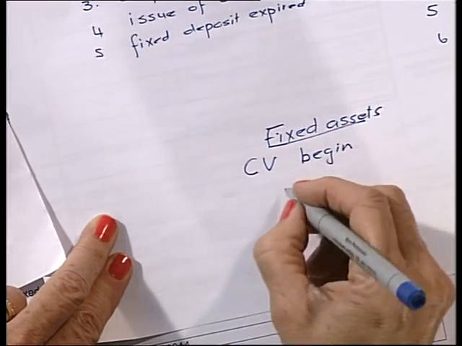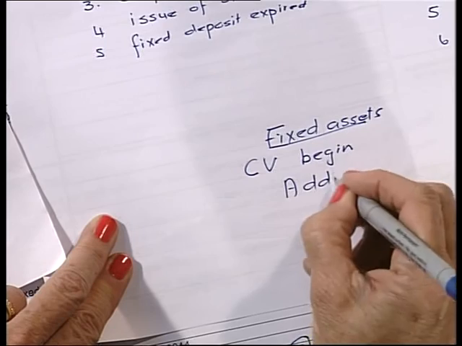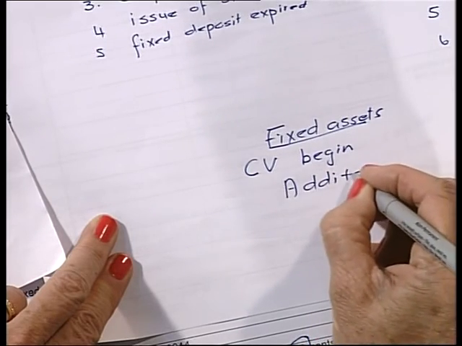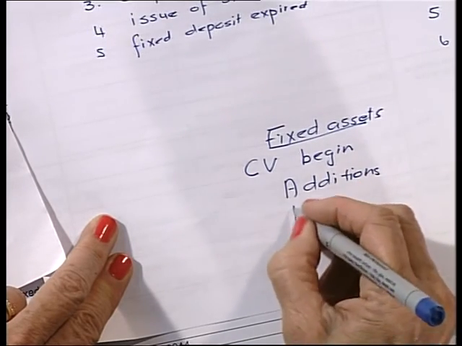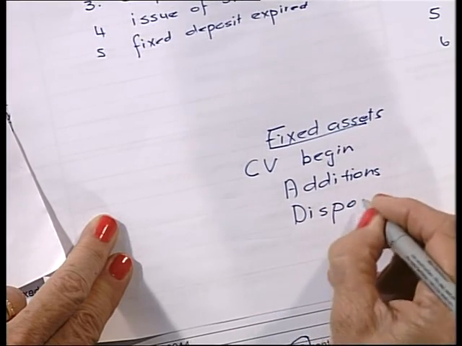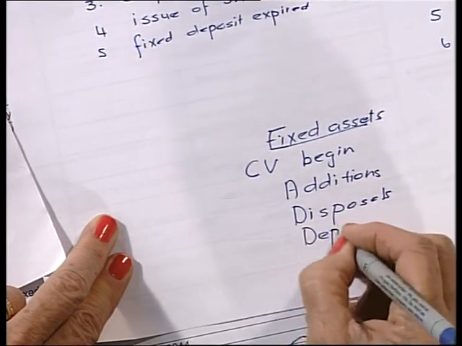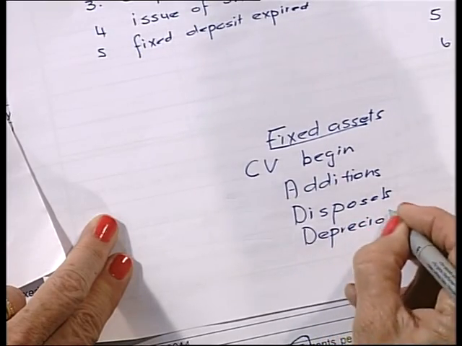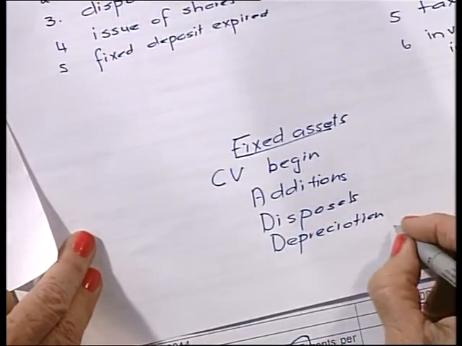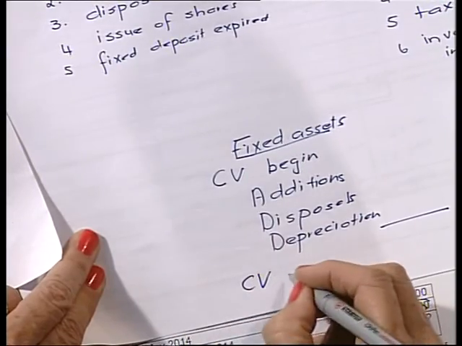There are 3 movements: additions, when you buy; disposals, when you sell; and then your depreciation for the year. These change your fixed assets amount, and then you end with the carrying value at the end.